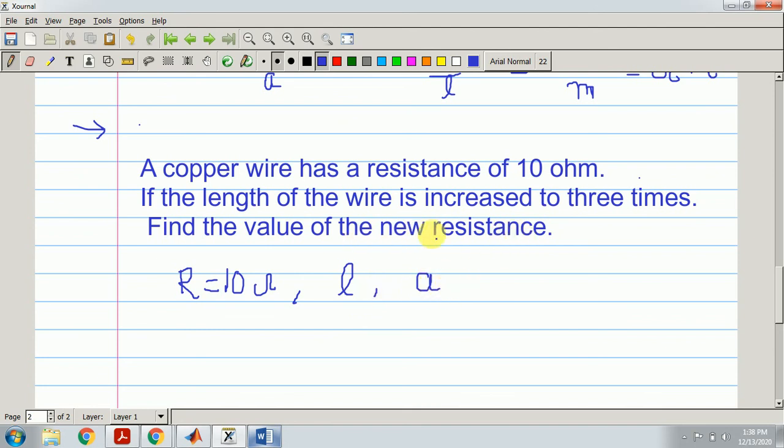Now what is asked here is, what will be the modified value of resistance? So this is my question, and what information have they given? If the length of the wire is increased to 3 times, the new length of my conductor will be 3 times the previous length. Now when there is a change in the length, there will also be a change in the area.